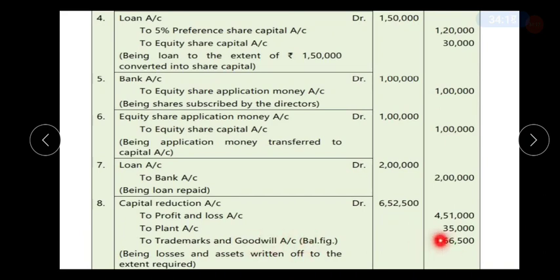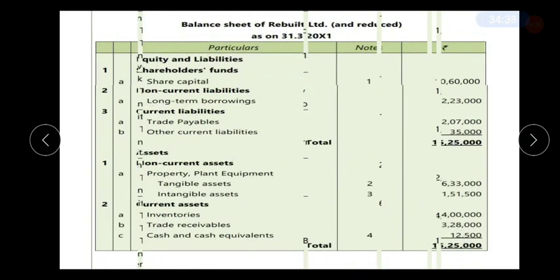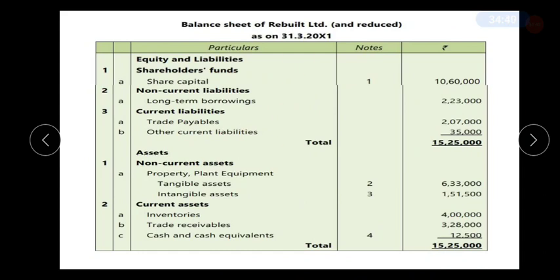So 1,66,500 is used for writing off trademarks and goodwill. Nothing is left in the capital reduction account now; it is fully utilized. So these are the journal entries we need to pass for internal reconstruction. Once you are done with the journal entries, we can move to the balance sheet.